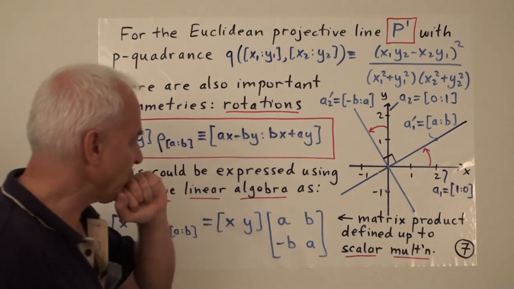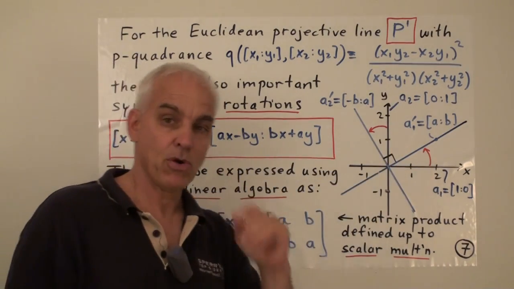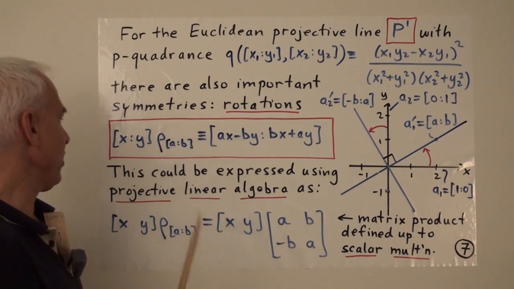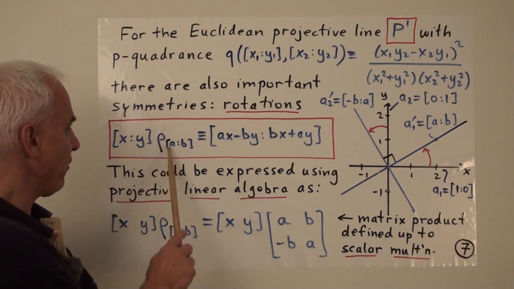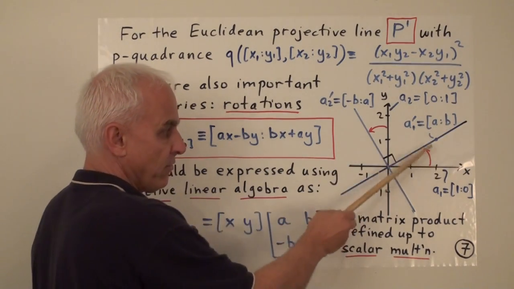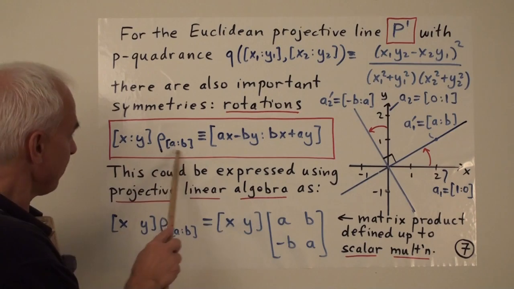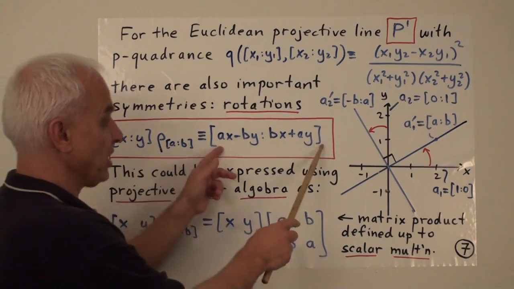We're going to encode this rotation, but only at the level of one-dimensional things. So here is a new symbol, called rho of a to b, and it's going to represent this rotation here in red. What the symbol does when you put it to the right of a projective 1 point is give you another projective 1 point.